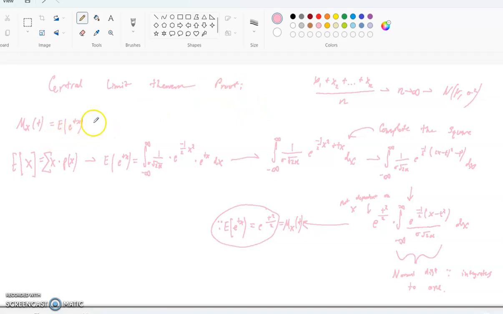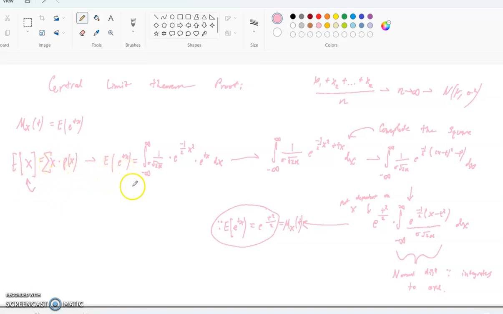For the central limit theorem proof, we find that the moment generating function equals the expected value of e to the tx. And we know that the expected value is its inner variable times its probability function, summed up.